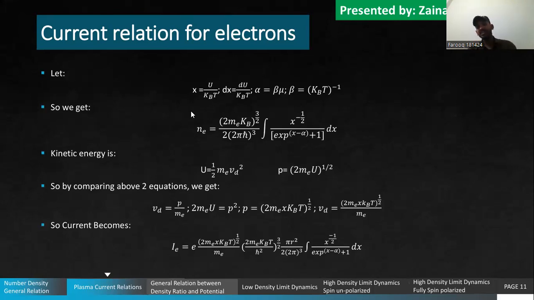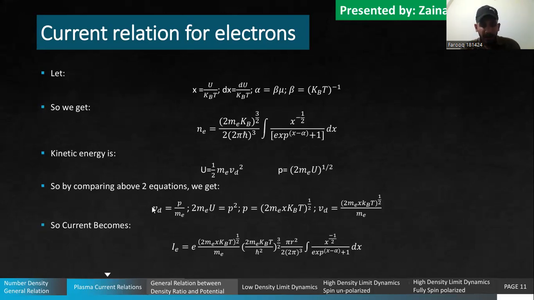Now we know that kinetic energy is also 1 by 2 me vd squared. Kinetic energy is p squared over 2m, but it is also 1 by 2 me vd squared. And momentum is (2 me u) to the power 1 by 2. So what we need to do is express vd in terms of temperature.